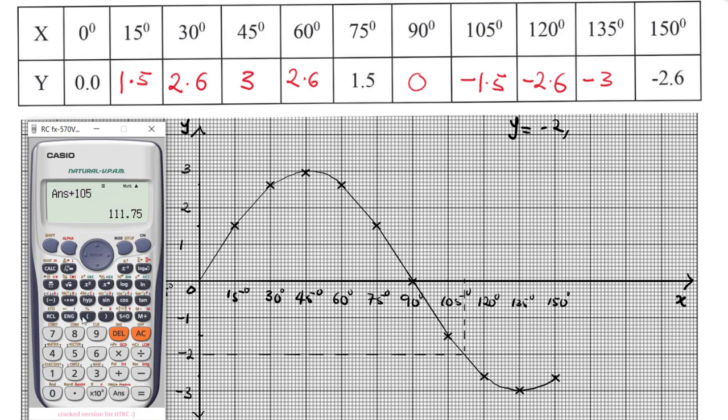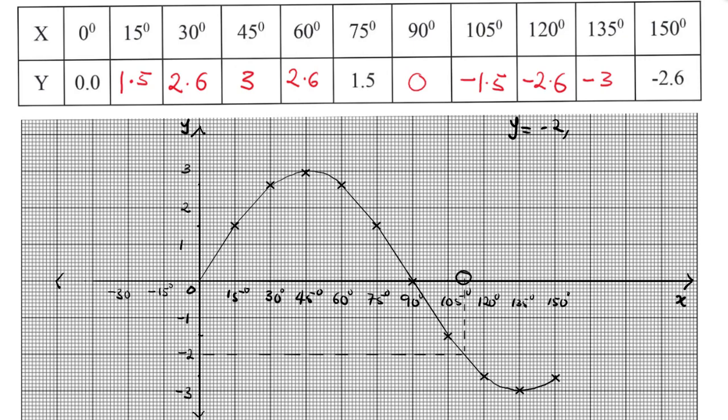It equals 111.75. So the value of this point here is 111.75. So our x will be 111.75, right? So when y is minus 2, this is the value of x, 111.75.